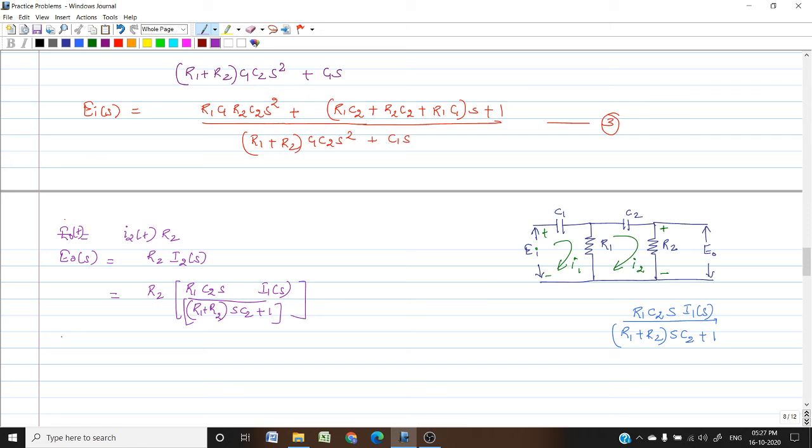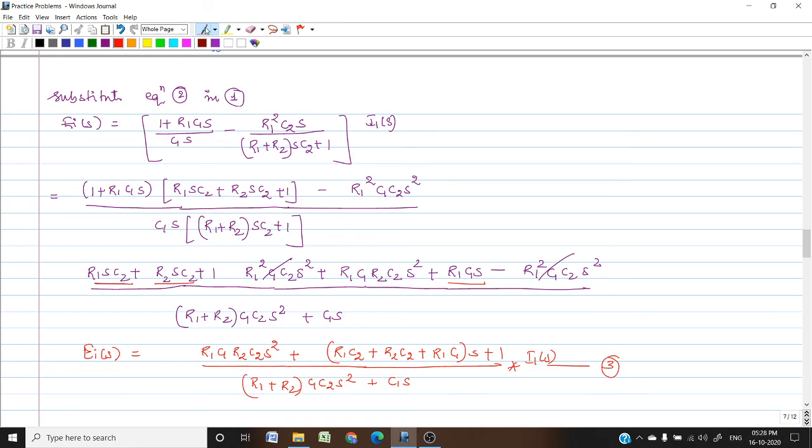With that, my E naught of S becomes R2 R1 C2 S whole divided by (R1 plus R2) SC2 plus 1 into I1 of S. Sorry if I missed, this is into I1 of S. So everything has to be multiplied by I1 of S.